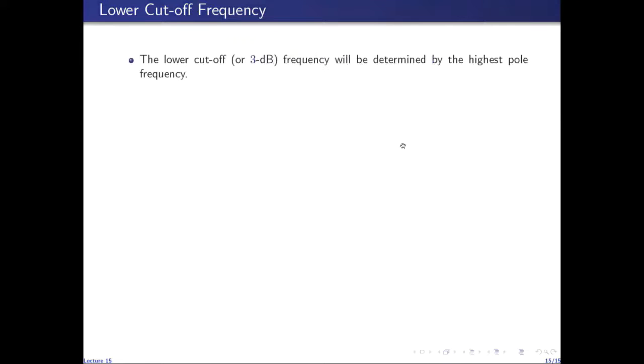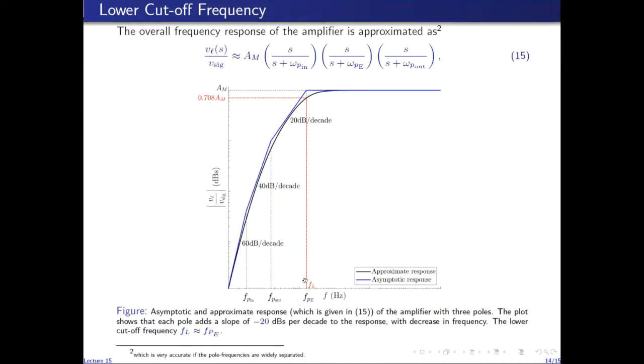The lower cutoff or the 3 dB frequency is determined by the highest pole frequency. As shown in this diagram, the highest pole frequency is FPE. By these red dotted lines, I have shown the point at which the gain drops by 3 dB below its mid-band value. That is equivalent to dropping the gain to 70.8% of its mid-band value.